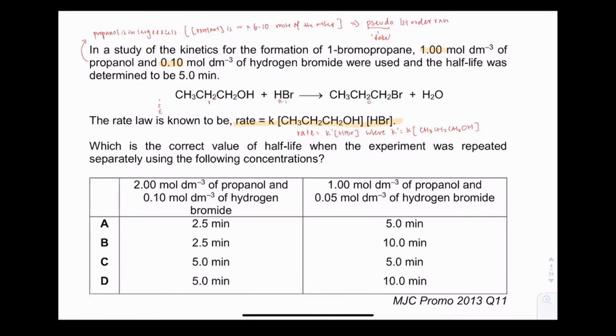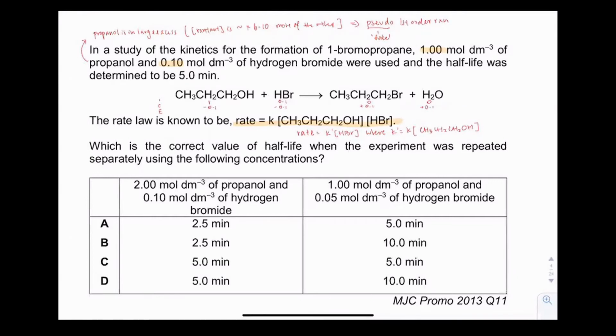Initially, I have no products. Then I have a change, a reaction. Looking at this, I know that HBr is my limiting reagent. Since they react in a 1:1 ratio, I will use up 0.1 mole per dm cube of each reactant and produce 0.1 mole per dm cube of each product.